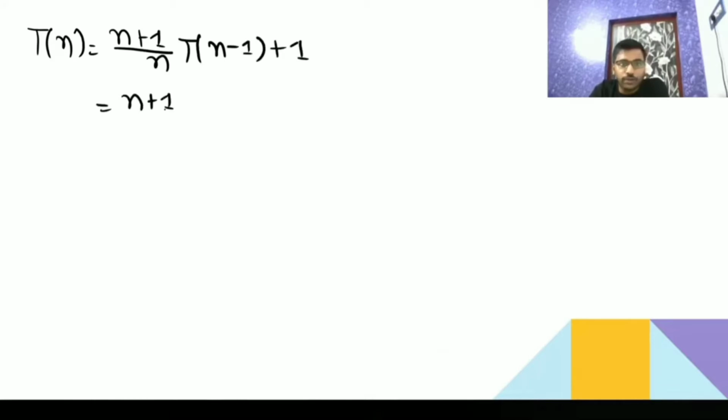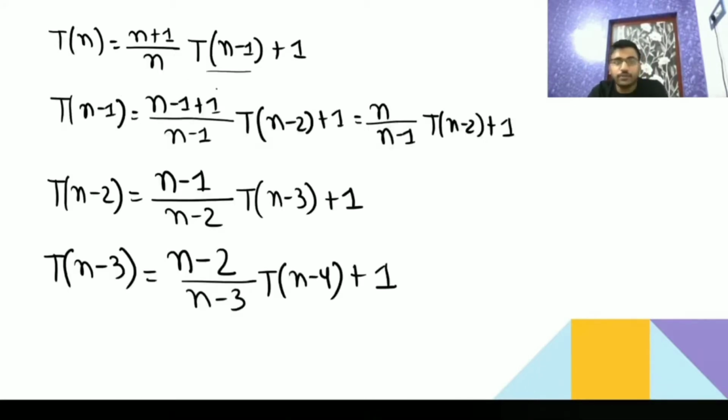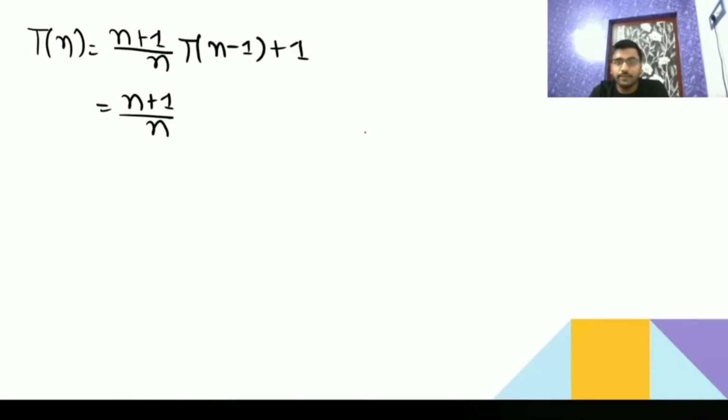See, Tn you got as (n plus 1) by n times Tn minus 1, plus 1. Now in place of Tn minus 1, you substitute what you got: n by n minus 1 times Tn minus 2, plus 1.